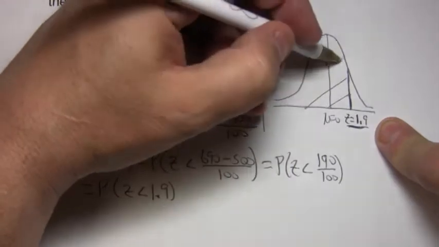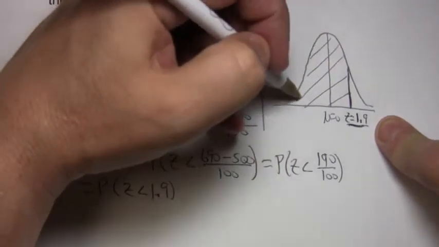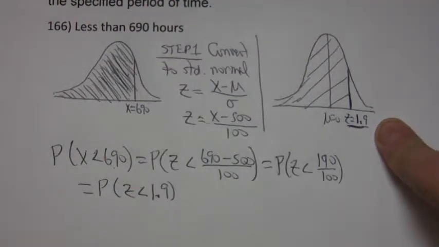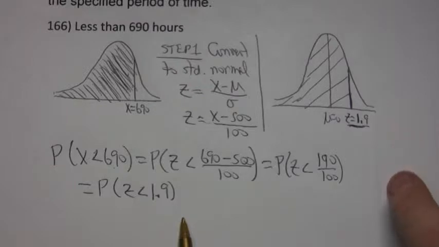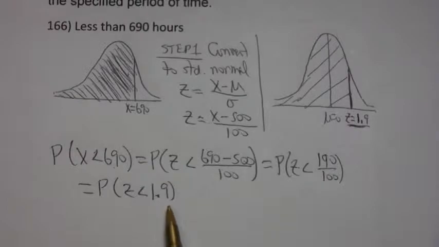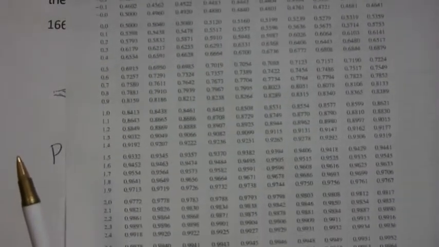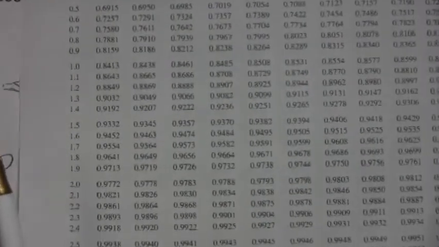And we're looking for the probability to the left, the area under the curve to the left. Well, what is that? We go to the table and look up 1.9. To the left is exactly what the table gives us. So we go to 1.9, and we get that number right there, which is 0.9713.